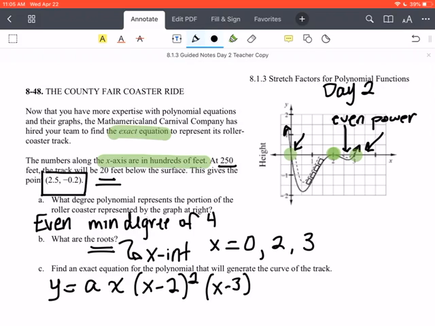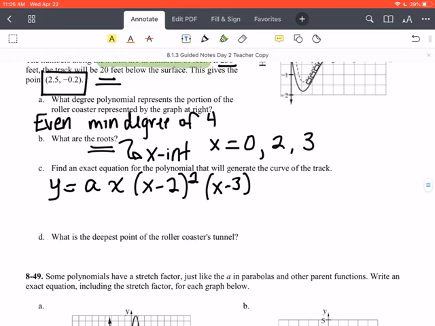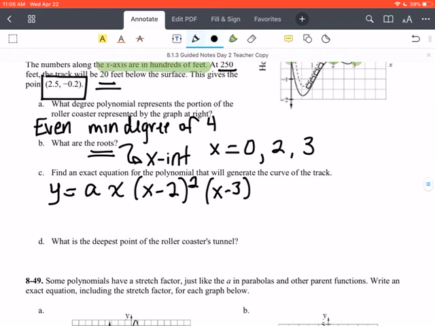So now we have to figure out what is our A. So in order to do this, okay, what do we have to do? We learned this at the end of the lesson yesterday. We learned that we are going to plug in a given point. And so the given point is (2.5, -0.2).